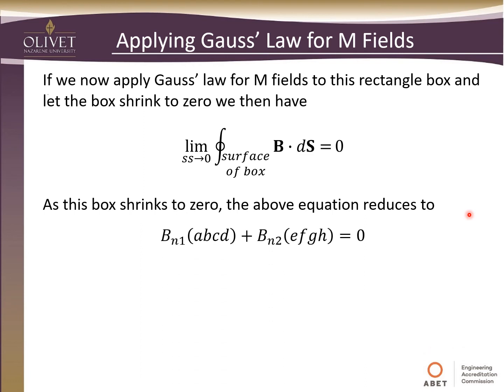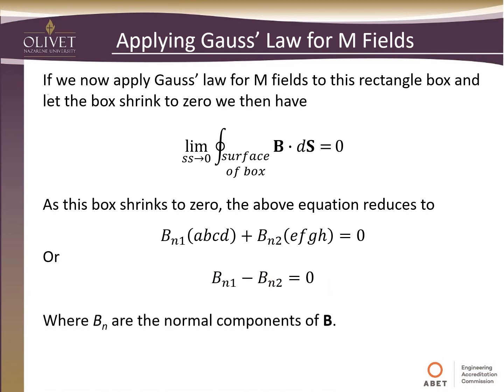So as we let the box shrink, it comes up that the normal components on each side, if we add them together, must equal 0. Or we can rewrite that as the normal component in medium 1 minus the normal component in medium 2 is always got to be equal to 0, which means they have to be equal. Again, these are the normal components of our magnetic flux density.